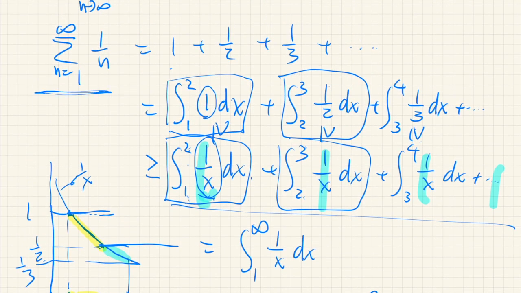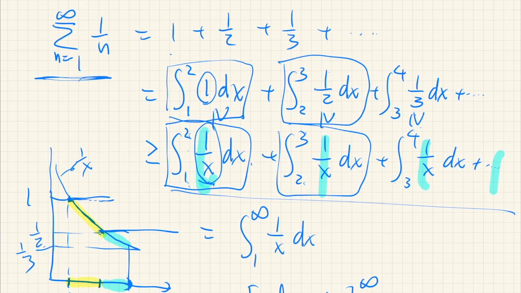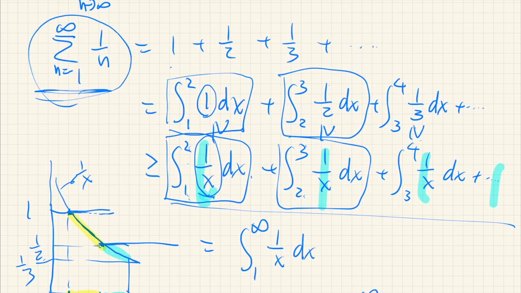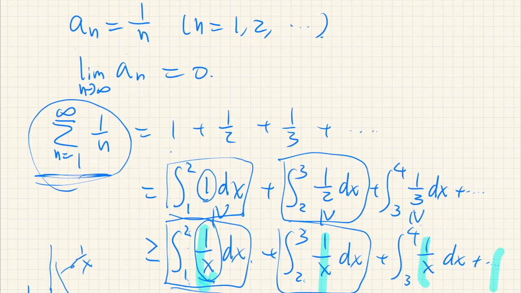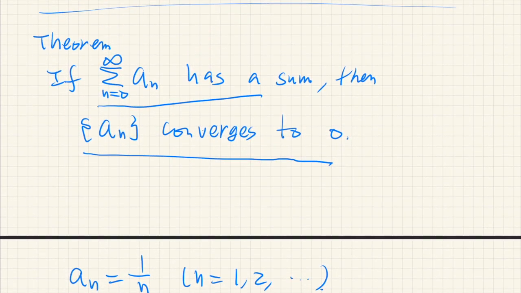So this sum is greater than or equal to infinity, so to speak. That means this sum does not converge to a finite value. Therefore, even though this sequence converges to 0, the series does not converge. So the converse of this theorem does not hold.